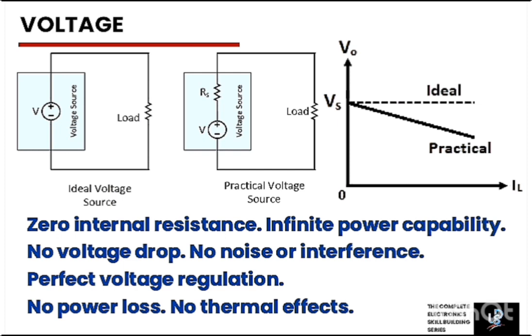An ideal voltage source has zero internal resistance, but a practical voltage source has some internal resistance. The V out of an ideal voltage source is always constant regardless of the input voltage and is 100% efficient. Heat is not generated on the input or the output and it is 100% free from noise.